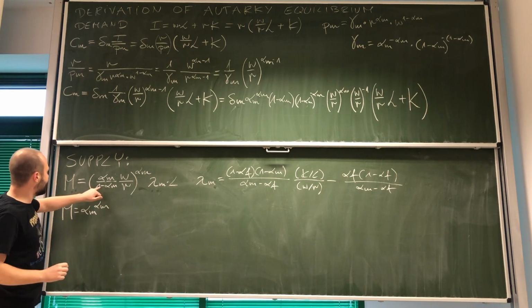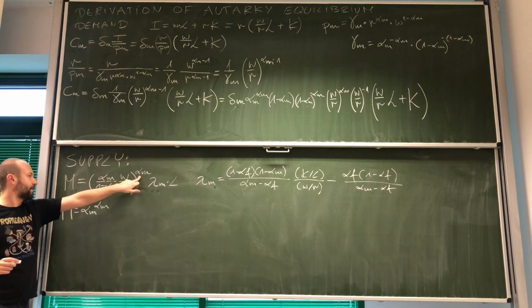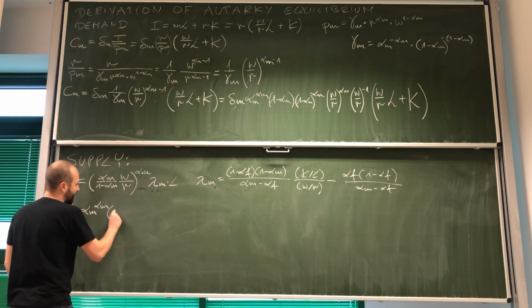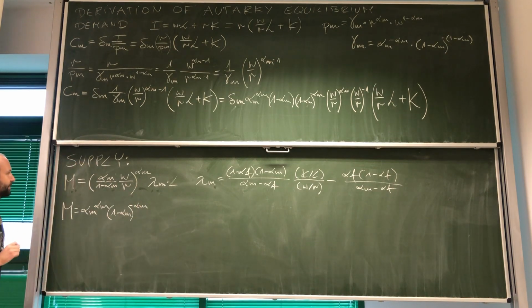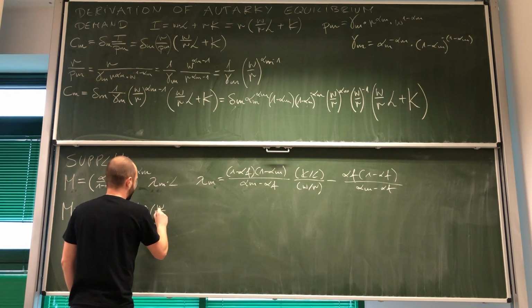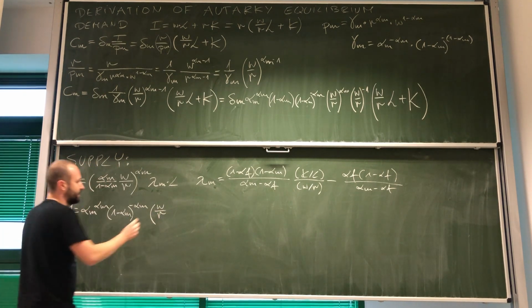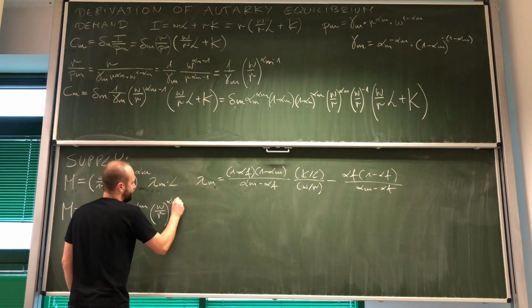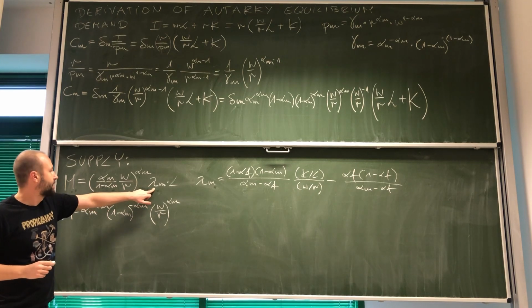Now, here we have 1 minus alpha m in the denominator to the power alpha m, which is the same as 1 minus alpha m to the power negative alpha m. And right after, I can write w over r to the power alpha m.